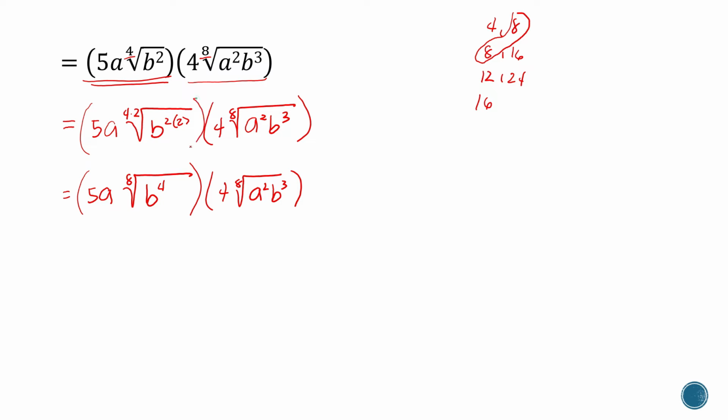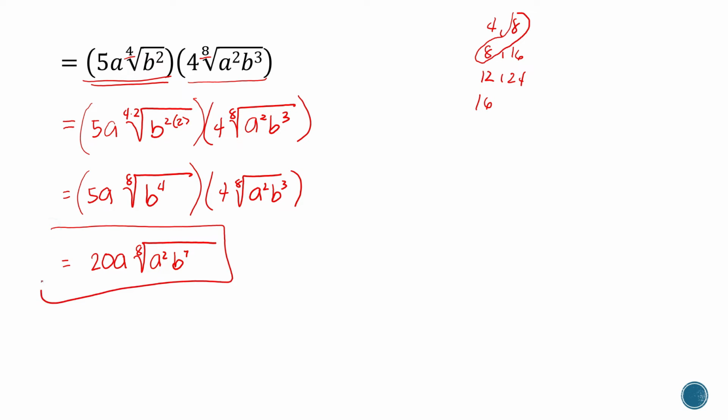So now, since the indices are the same, I think we can now multiply 5a and 4, and that gives us 20a. So 8th root of a squared, b raised to 3, and b raised to 4. So there we need to add the exponents. It's b raised to 7. And I think we cannot simplify this any further, so this will be the final answer.